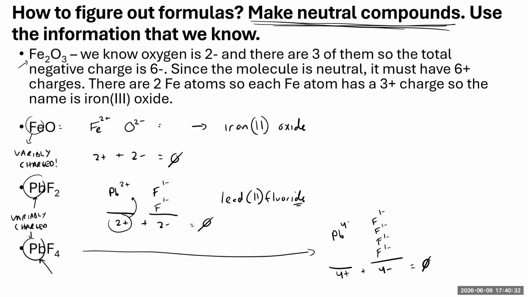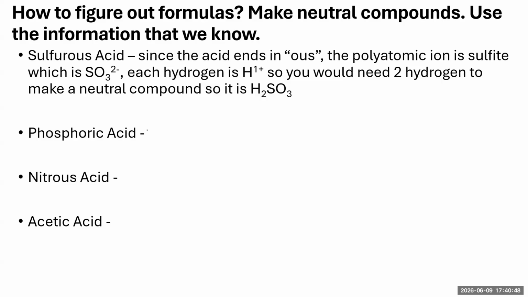So this is going to be lead 4 plus. So this would be called lead 4, it's IV, fluoride. Right? Lead 4 fluoride. All right. Let's do some other stuff.